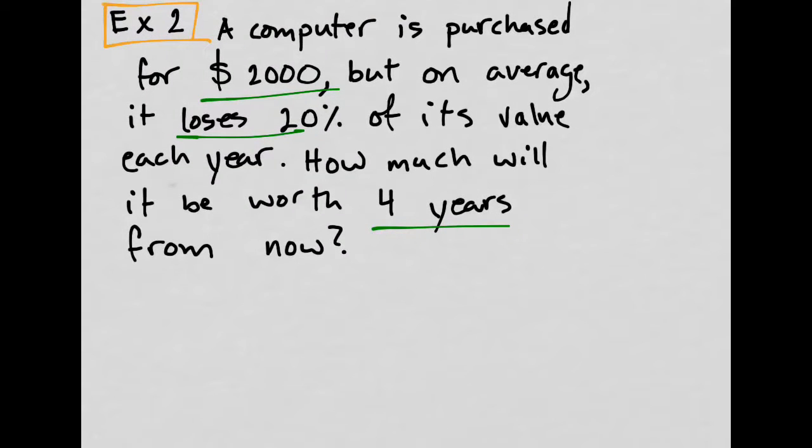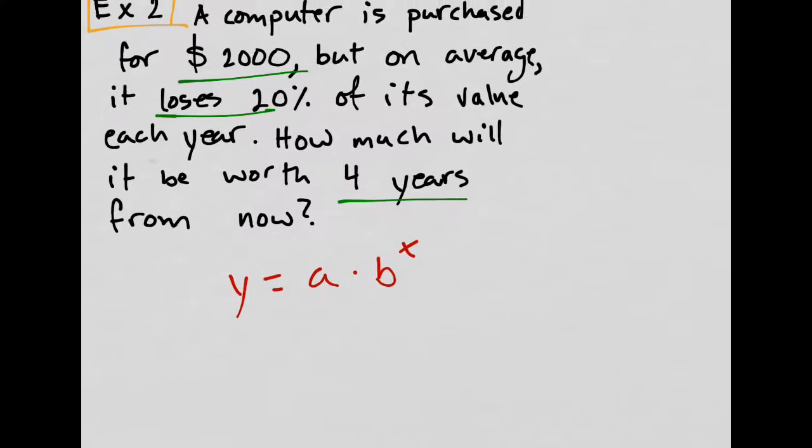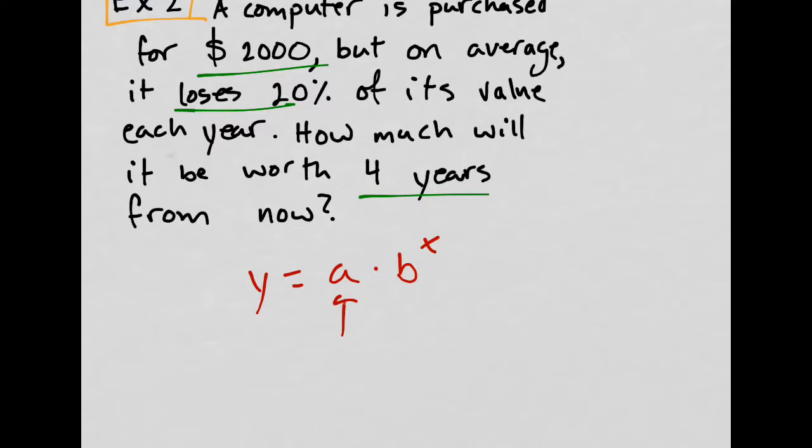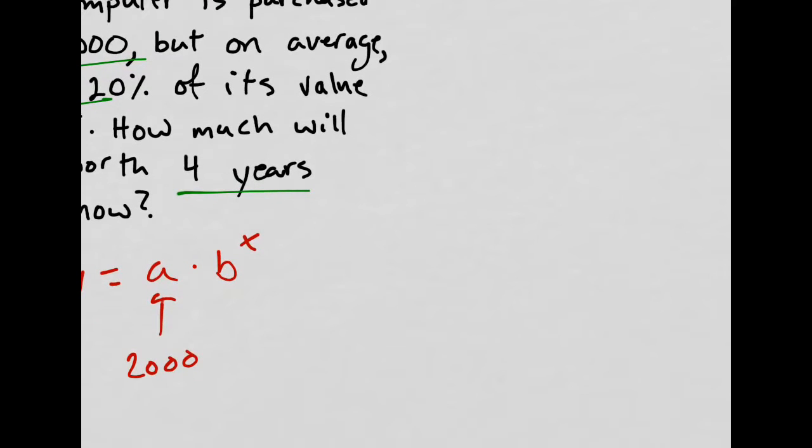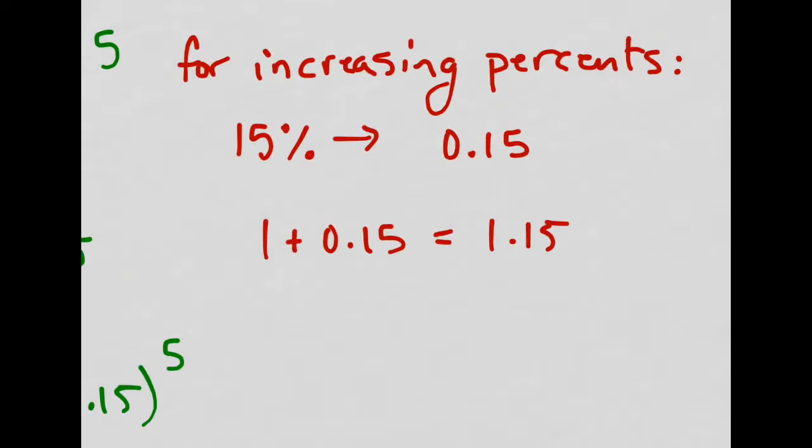Well, we take a look at our equation. It's the same as the last time: y equals a times b to the x. This time A is 2,000. For B, it's 20% decreasing, though. Remember I said you subtract for decreasing.